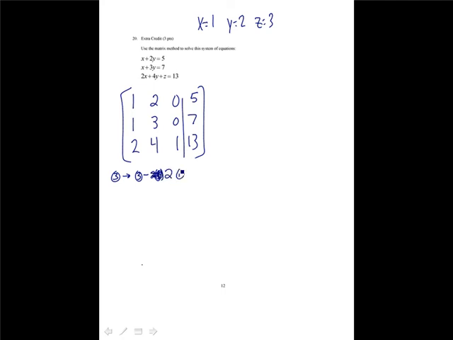So that works out where I get 1, 2, 0, 5, 1, 3, 0, 7, and then 2 minus 2 times row 1, that's 2 minus 2 times 1, that's 0, and then 4 minus 2 times 2, that's 4 minus 4, which is 0, and then 1 minus 0 is 1, and then 13 minus 2 times 5 is 10. So that gives one of the rows in the proper way.